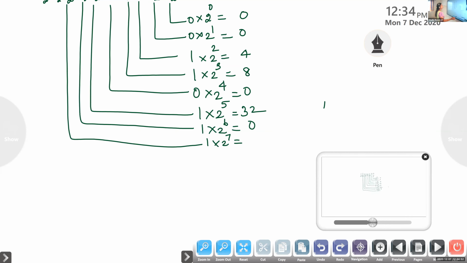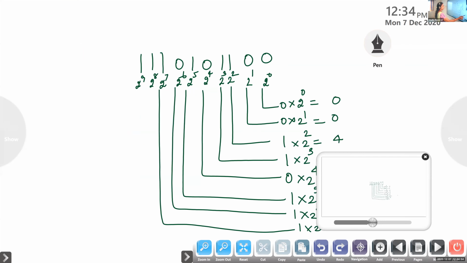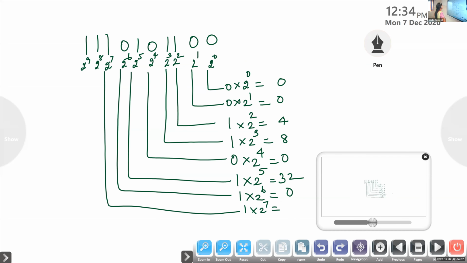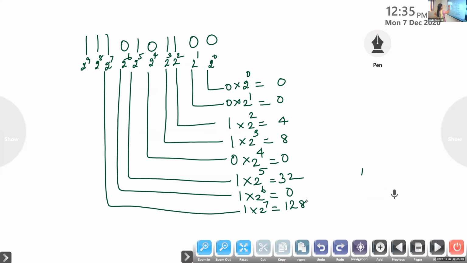What is 1 into 2 raised to 7? 128. Then again 1 into 2 raised to 8, it is 256.